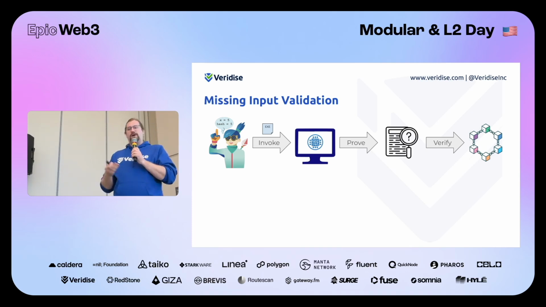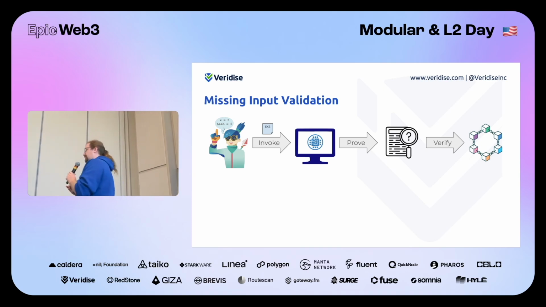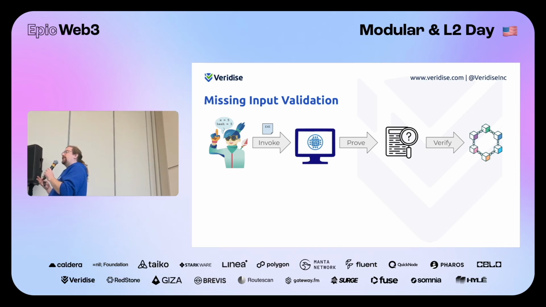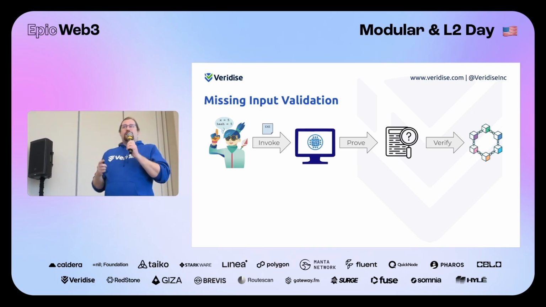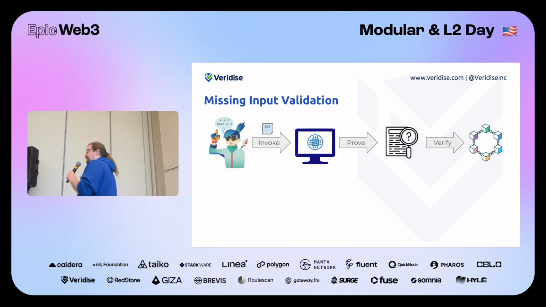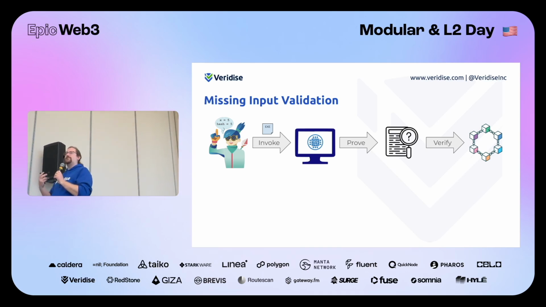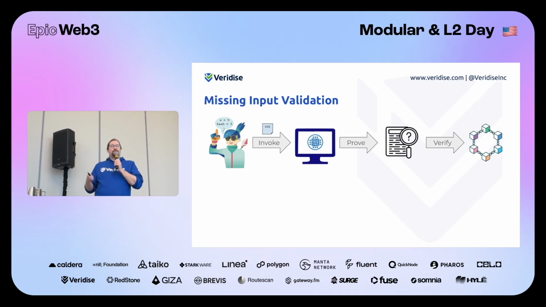Like I already said, missing input validation occurs when you have some specific relationships that you expect to be enforced within your zkVM application. So for example, the person on your left is saying that I have a value x, it's 5, and then they also have to input the hash of that value, which they're also claiming is 5.